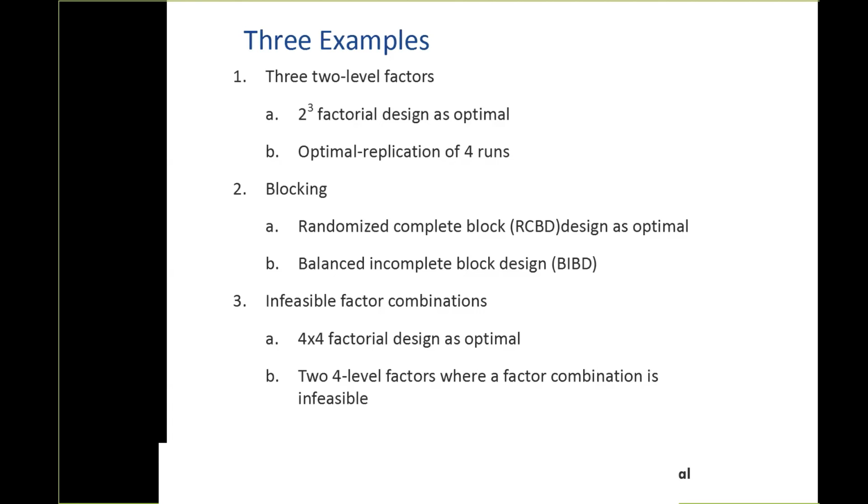The second example will be a blocking example showing the randomized complete block design is optimal, the balanced incomplete block design is optimal, and then something that's in between, which is neither one of the standard designs, but which would have more power than the balanced incomplete block design.